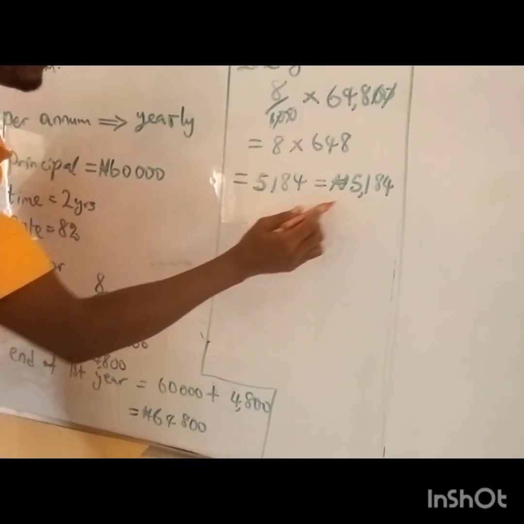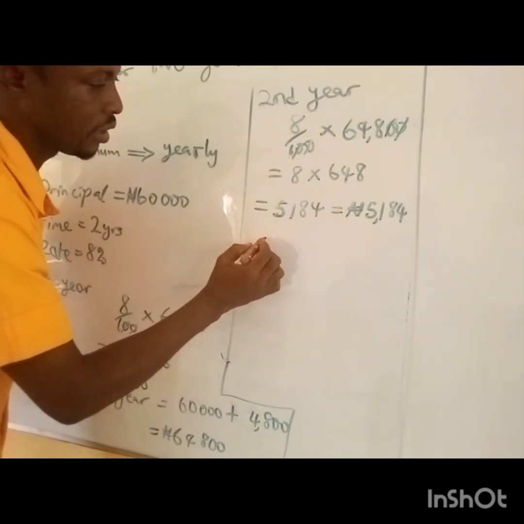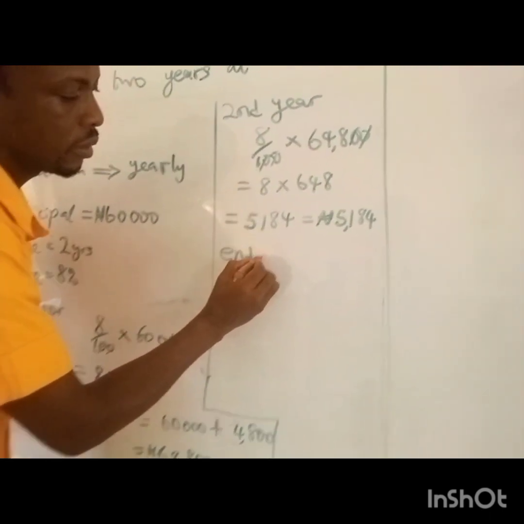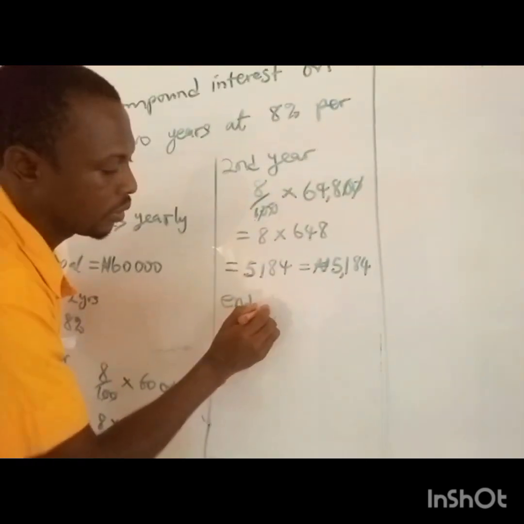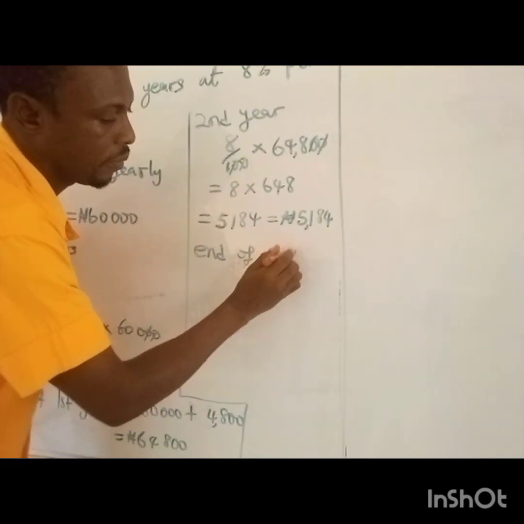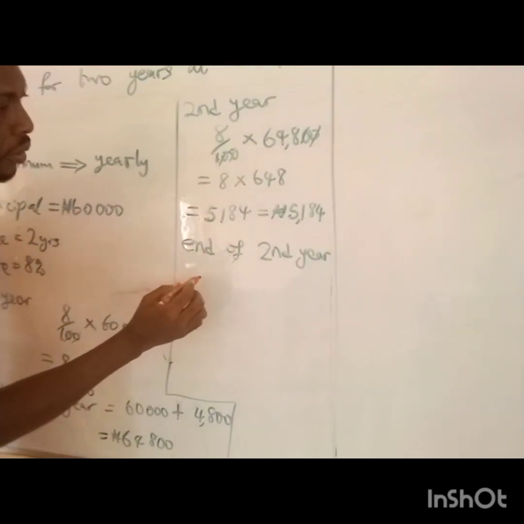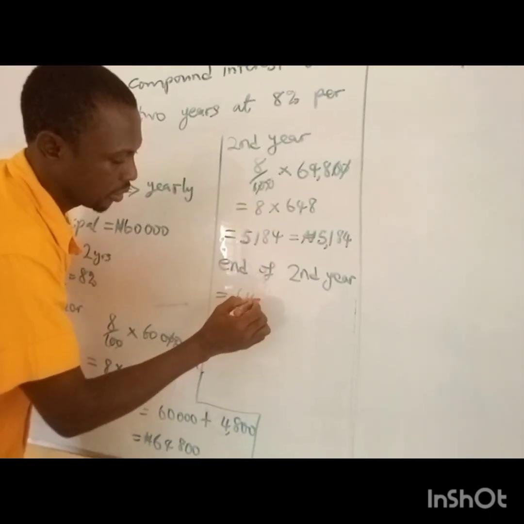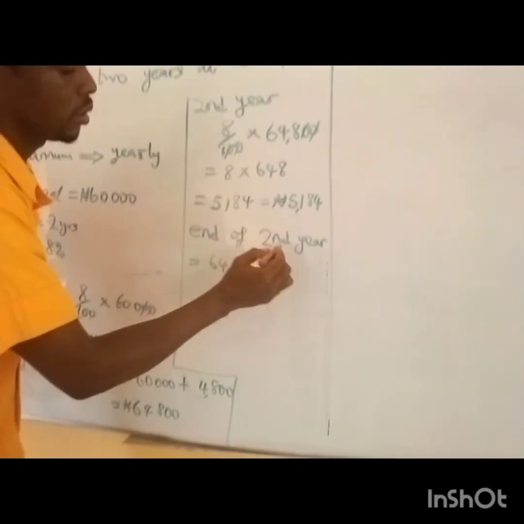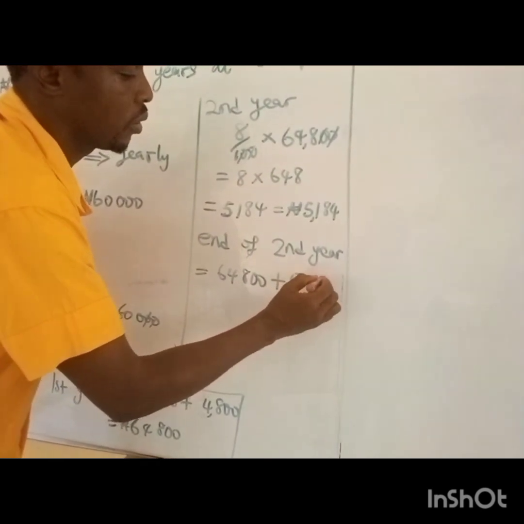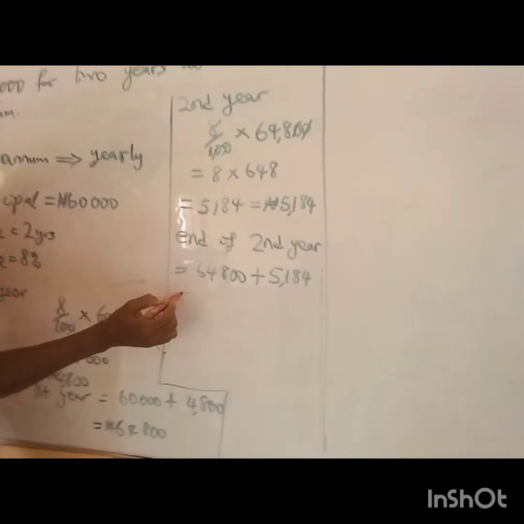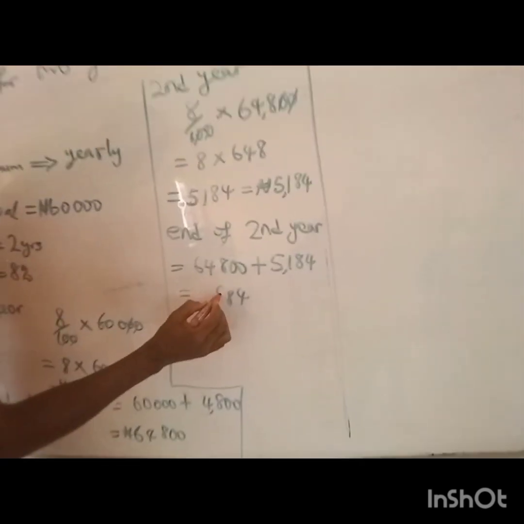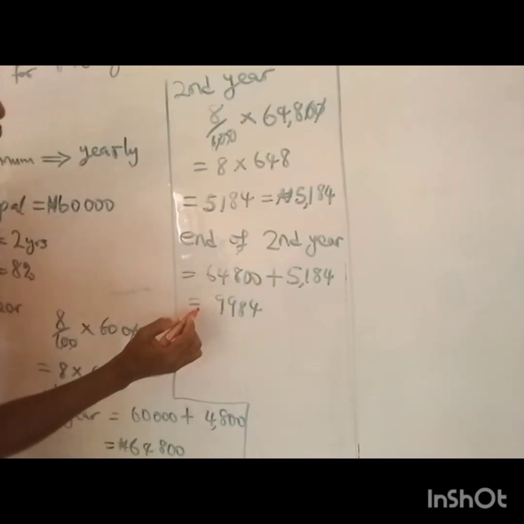Now, that 5,184 is the interest they got in the second year. So the amount at the end of the second year becomes 64,800 plus 5,184. 4 plus 4 is 8, 8 plus 1 is 9, and 4 plus 5 is 9.